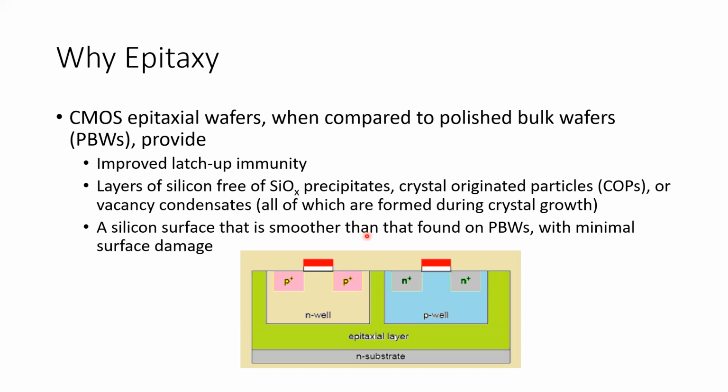But if you use the epitaxial layer, they are eliminated. Also, the silicon surface of the epitaxial layer is smoother than the polished bulk wafer. There's little surface damage. And in this structure, this CMOS device is fabricated on a substrate. On top of it, there's an epitaxial layer. And then the device is fabricated in this epitaxial layer.